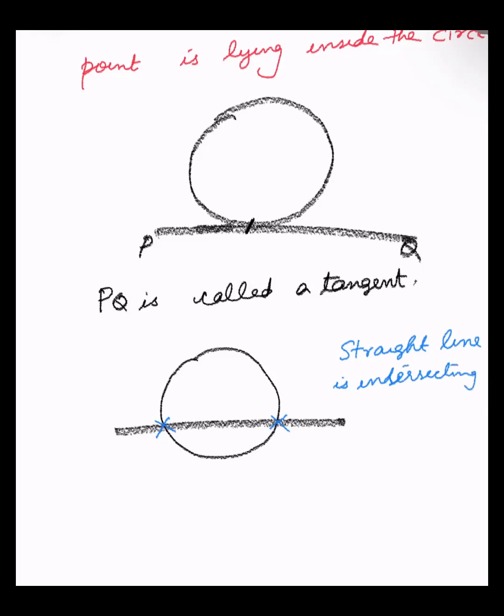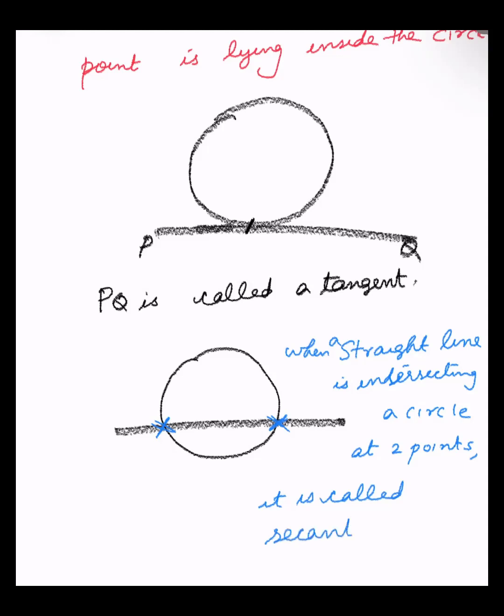Intersecting means cutting, that's all. Intersecting at 2 points of a circle. When a straight line is intersecting a circle at 2 points, it is called a secant.